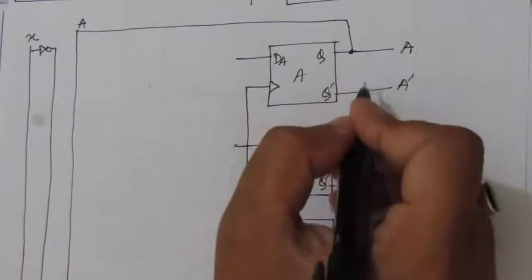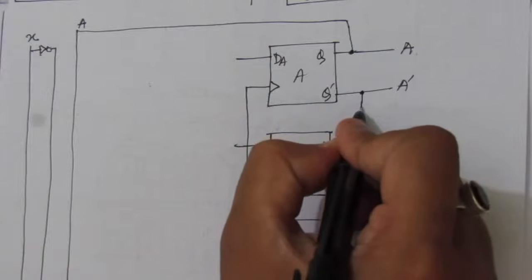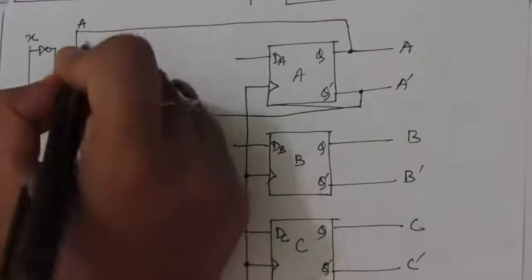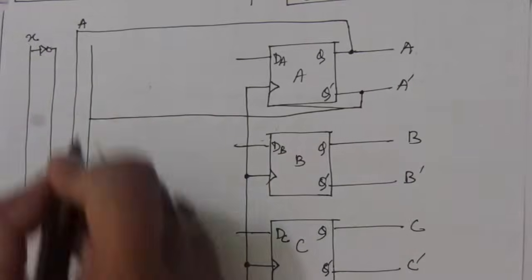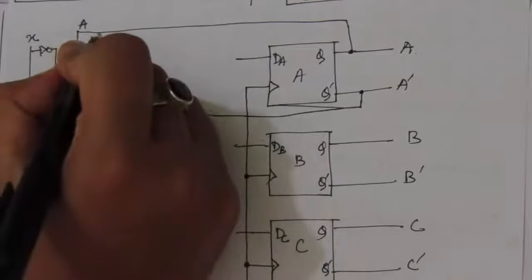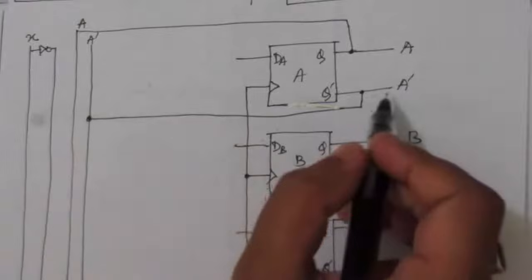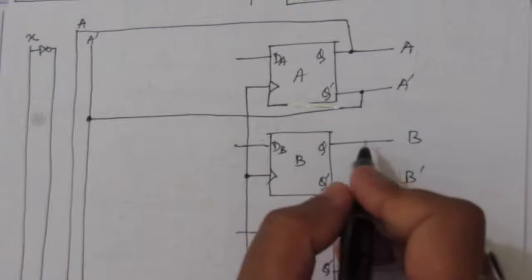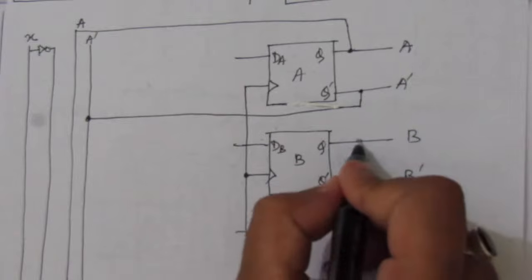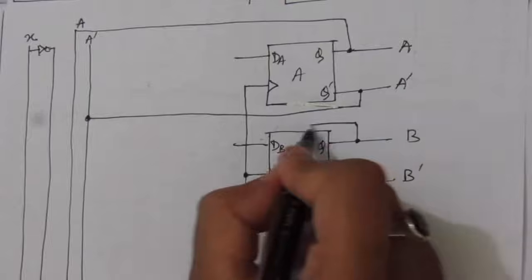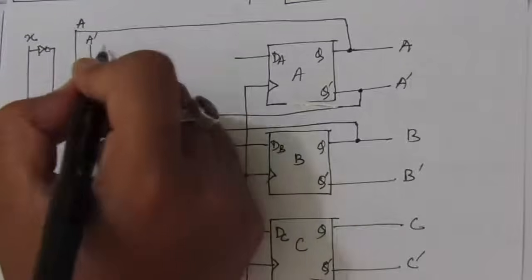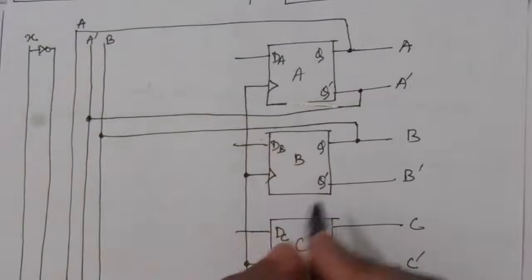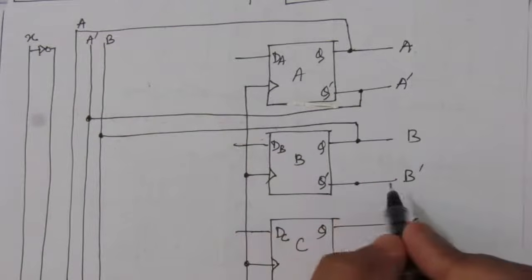Now let us connect this. So take a line from here, okay, A bar line here. This line is nothing but A complement. So this line we have taken from A complement, so this line will represent A complement. And suppose this line, one line from B, so this line will represent B. Then we'll have one line from B complement.